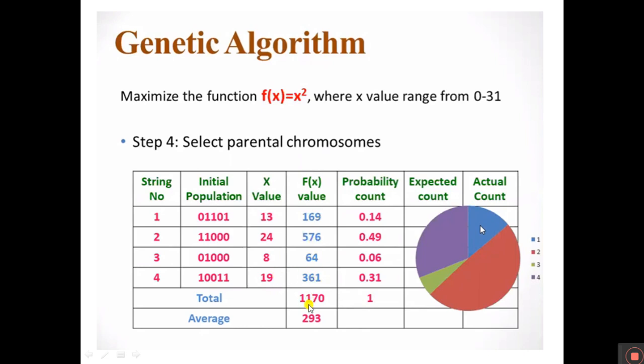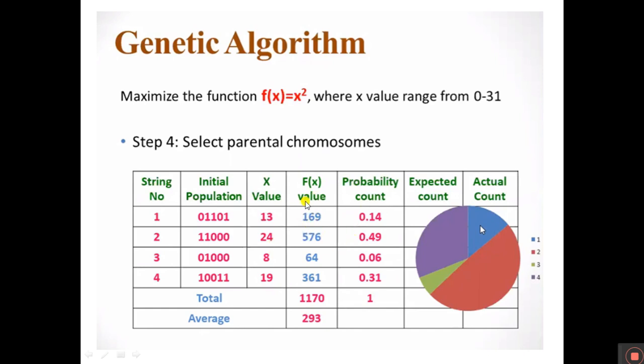If I add all the values, I get 1170. Its average value is 1170 divided by the total count of 4. I am getting 293. Next, what is the population count, that is the probability count. Population count is based on the probability count.